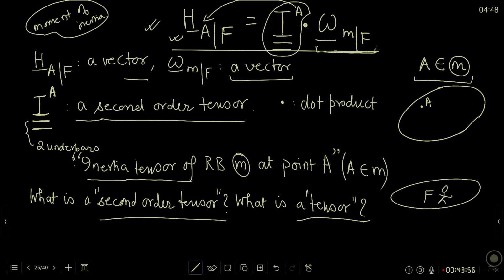Indeed, stress is a second order tensor. But what is a tensor in general? And what is a second order tensor in general? Let's first have some answer to these two questions, and once we have some idea of a second order tensor, I will come back to the inertia tensor itself, which is relevant for this equation.